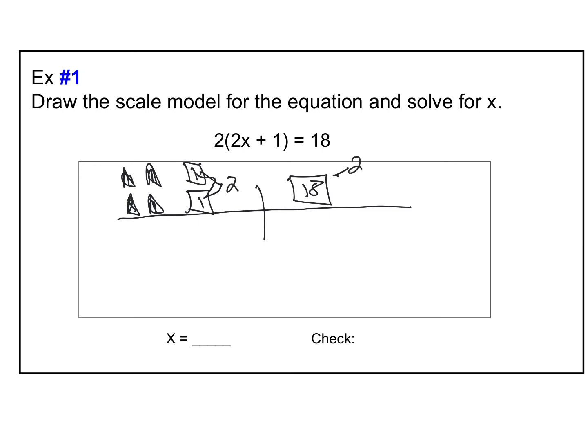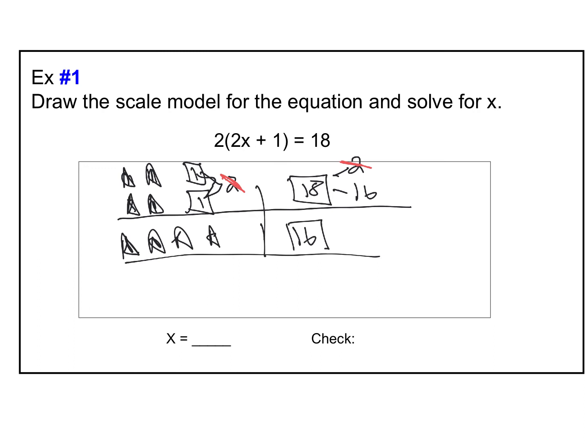So I'm going to take my 18 and regroup it into a 2 and 16, meaning I can now remove a 2 from both sides. So in my next line, I have 4 triangles balanced with 16.